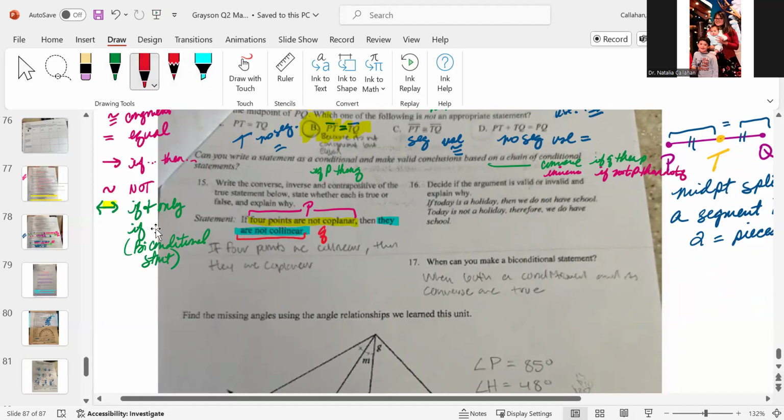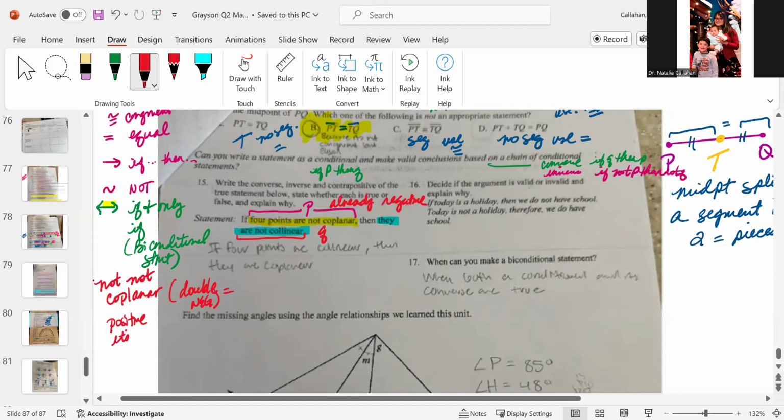You have to be careful when you do the not, because you see how this is already negative. If you negate not coplanar, where it's a double negative, it becomes a positive. Write this down: a double negative is equal to a positive.